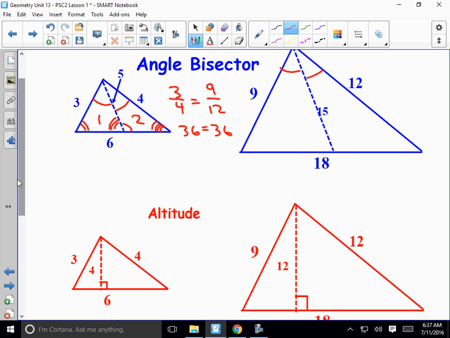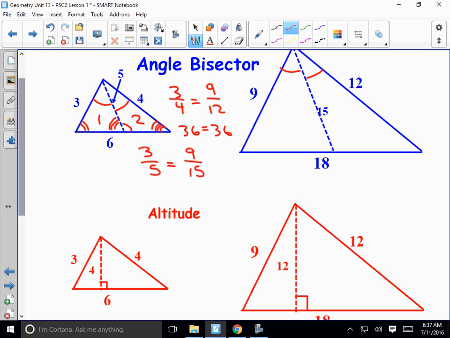Now from the first triangle, I am going to work with 3/5 equals, so I went left side over bisector length, equals, and I'm going to go to the next triangle, left side over bisector length.